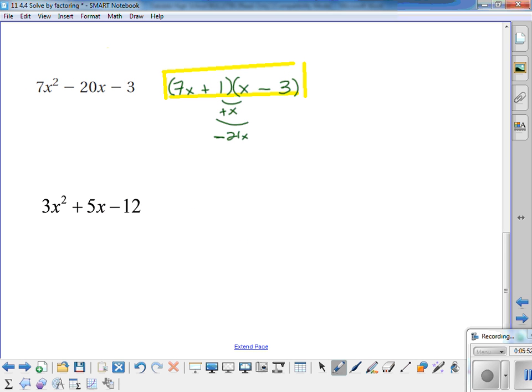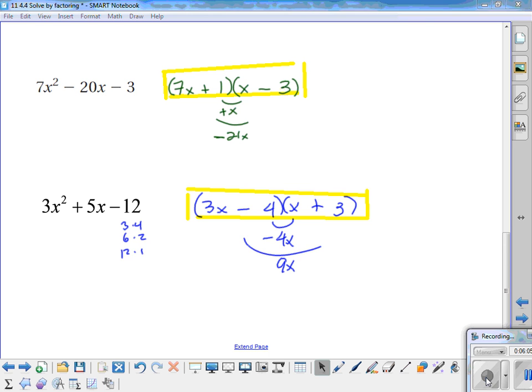Let's do 3x squared plus 5x minus 12. Okay, so it looks like we mostly came up with that answer, 3x minus 4 times x plus 3.